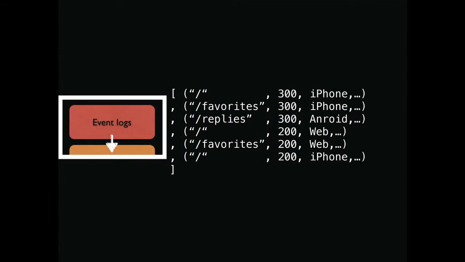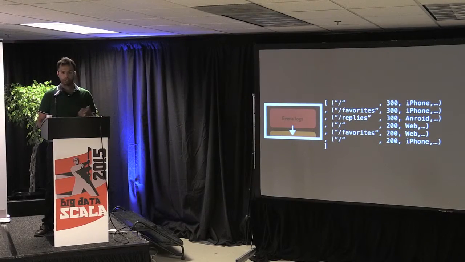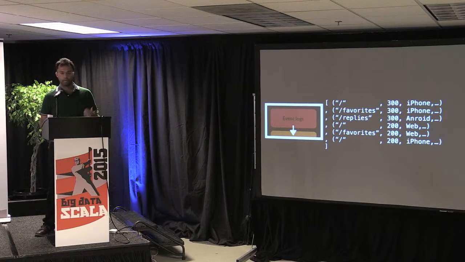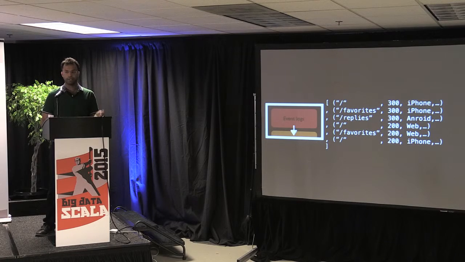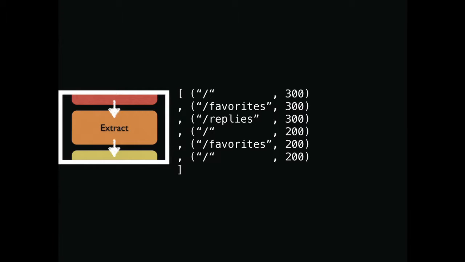So to go through an example again, the event logs could look like this: I have some API endpoint, I have some response code of the event that took place when I hit this API endpoint. There's the client application, like the OS type, whether it was an iPhone versus web versus Android, etc., that made the actual call. I extract only the fields that I care about. In my previous event log, as I said, we could have hundreds and hundreds of fields.